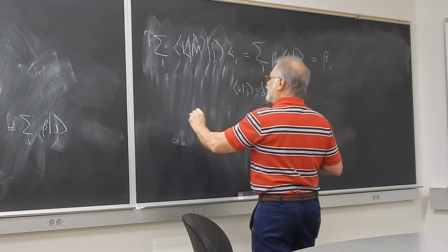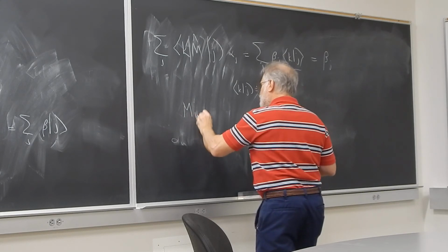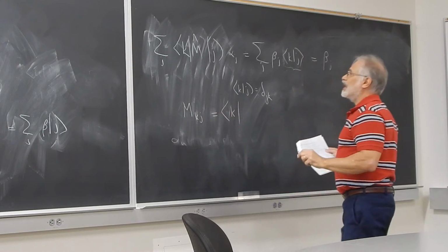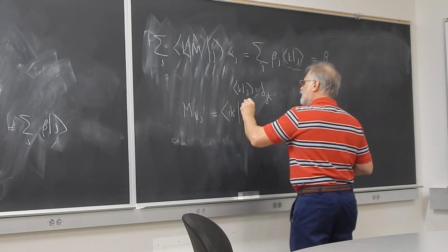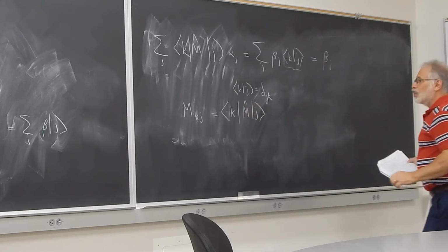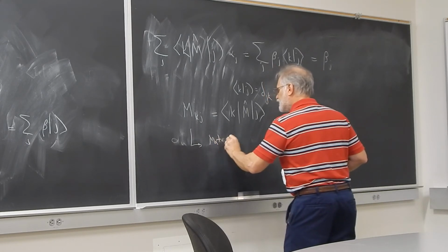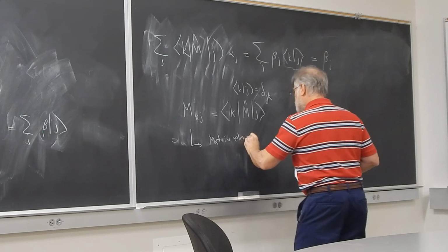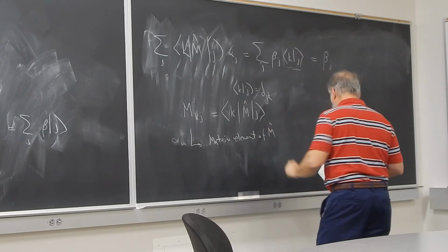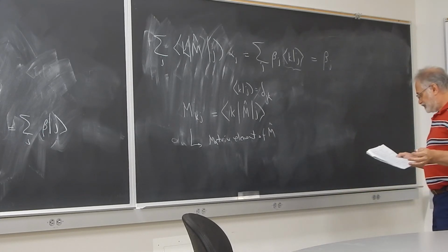Let's define M sub kj as the product bra k M ket j. We call M sub kj the matrix element of M, and it's just a complex number.